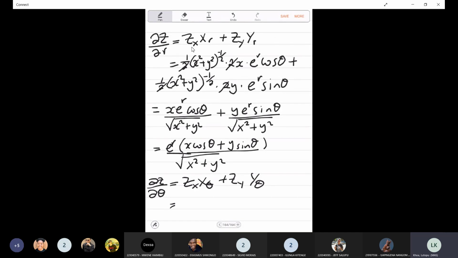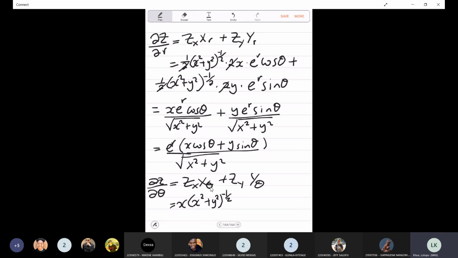Then z with respect to x, we already worked it out there. It doesn't change. So I can just write the one after I've cancelled everything. So this is x squared plus y squared to the power of minus a half. And then x with respect to theta.